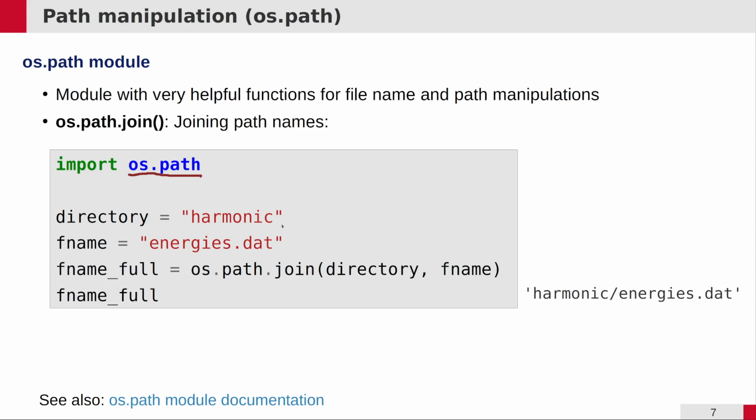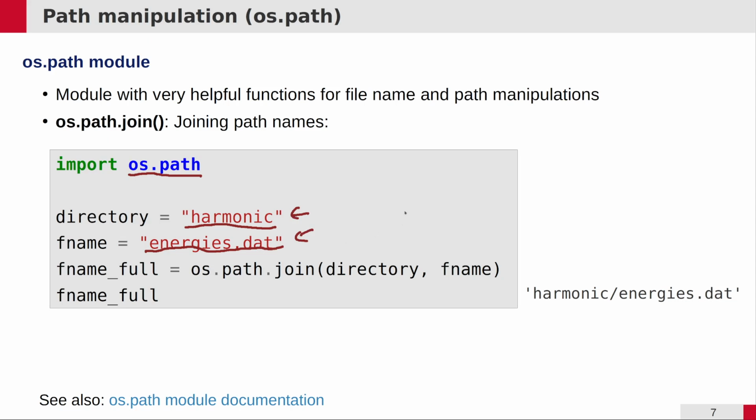The task we would like to achieve here: we have a directory component of a file name. Let's say there's a file in the harmonic directory. The file itself is called energies.dat. And now I would like to create a path which contains this component as directory component and this component as file component, right?